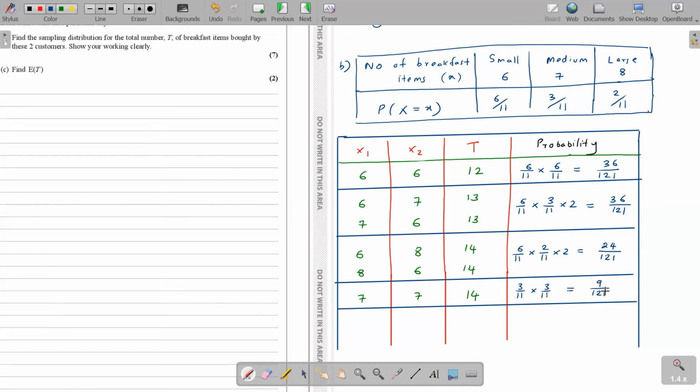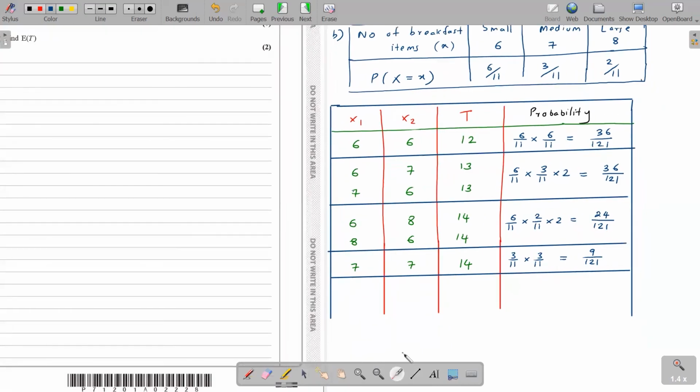Do you agree? Then the next one, along with 7, we can go 7 and 8. 7, 8, which means also we need to take 8 and 7, because both of them give me the same total. That's why I'm writing them together.